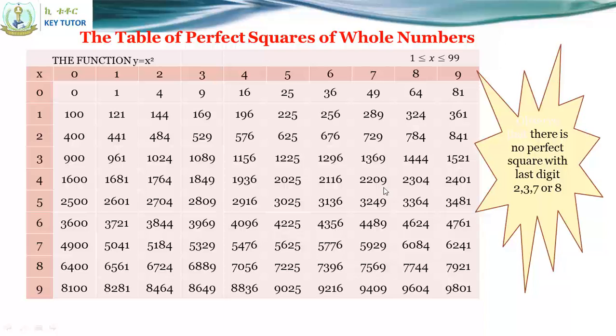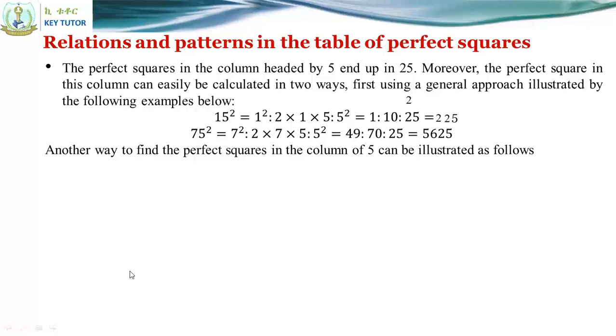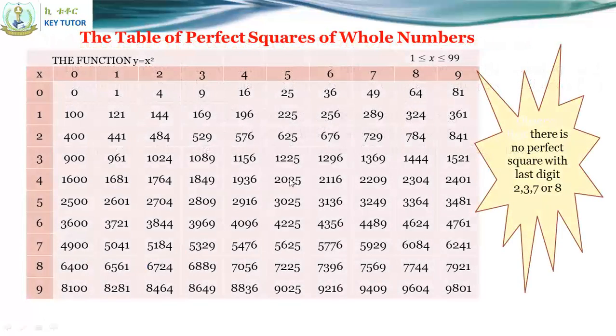So for instance, here 55 square. So you get it here, 55 square is 3025, right?